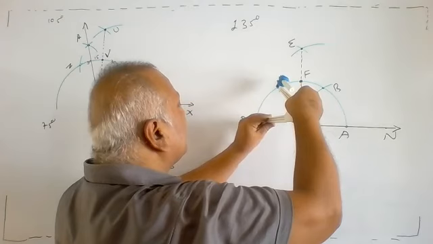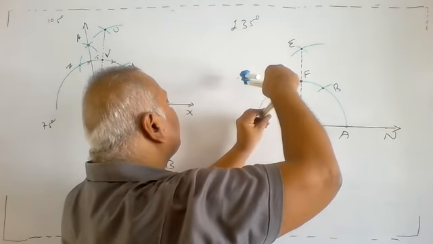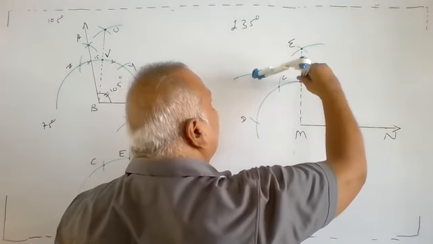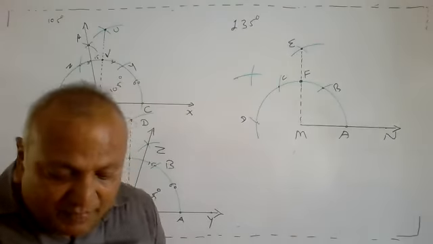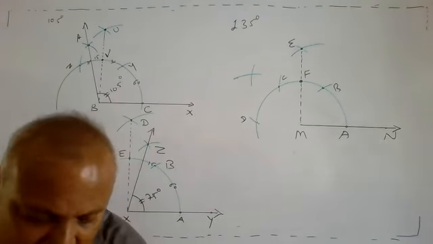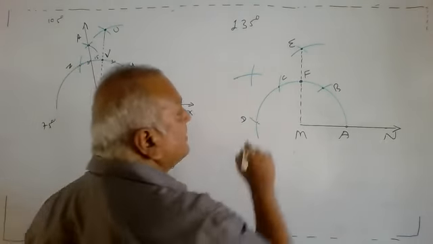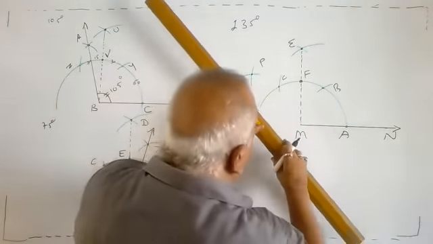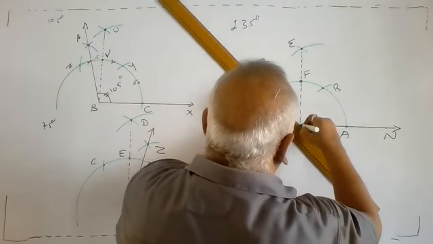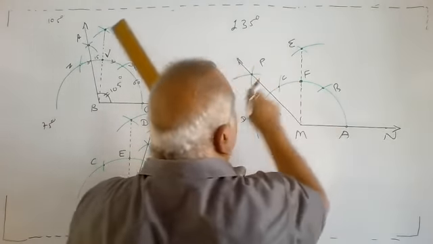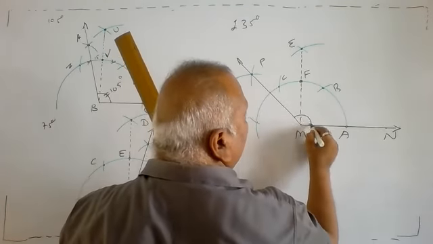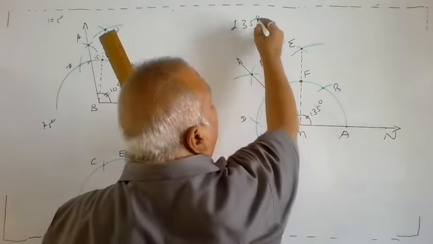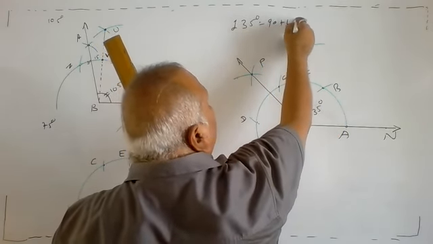Draw an arc from D. With the same measurement, we draw an arc from F. Where both the arcs meet, here it is P. So join M and P. So angle PMN is equal to 135. It is 90 plus 45.